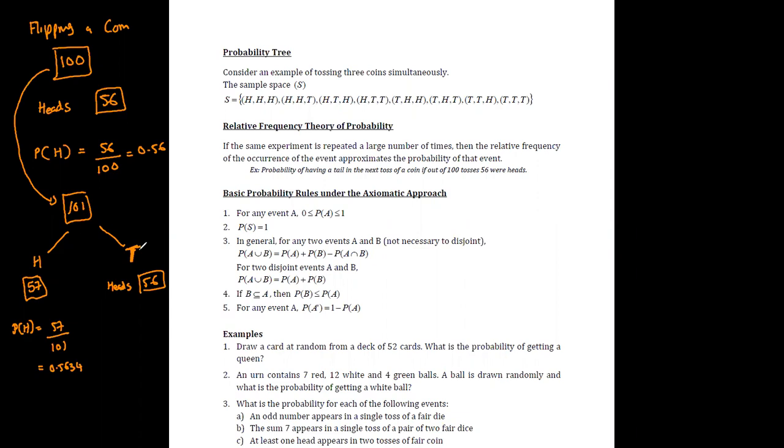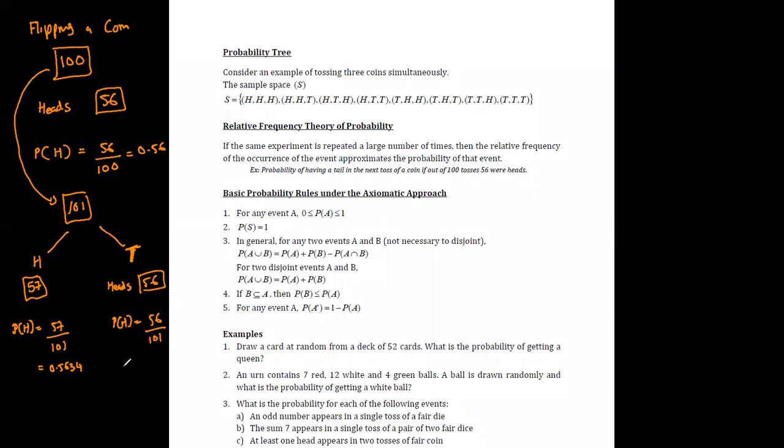And if you obtained a tail here, the probability of getting a head is now 56 divided by 101. If you perform this calculation, you will get 0.5544. Here also we can see that all these three values are quite similar.